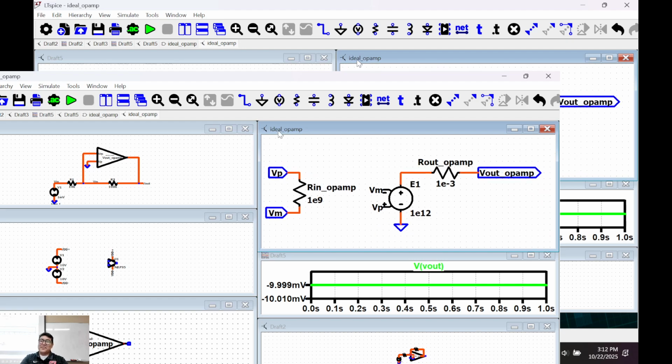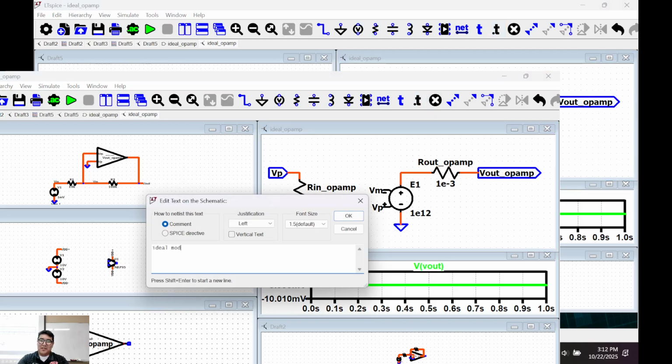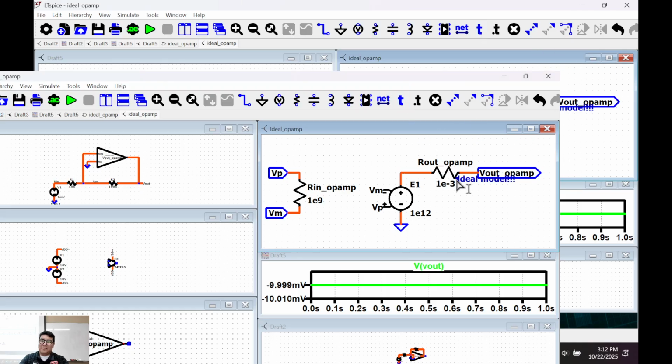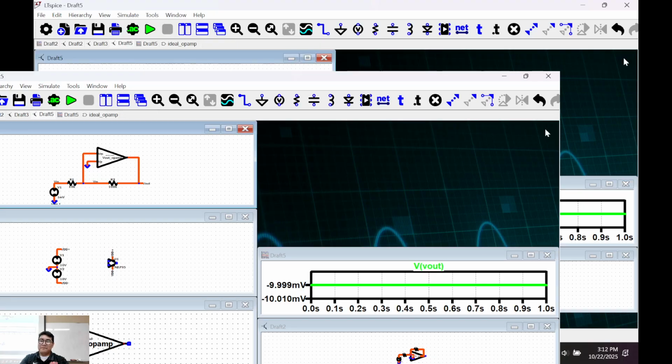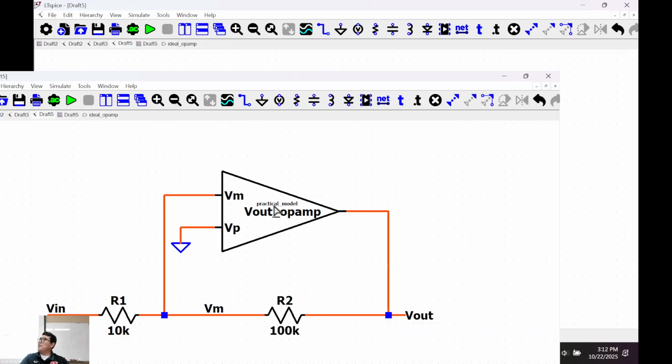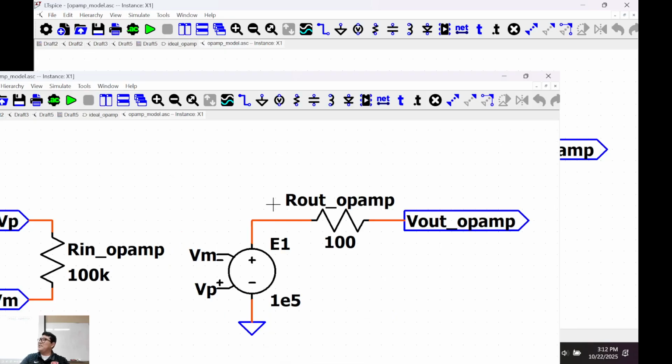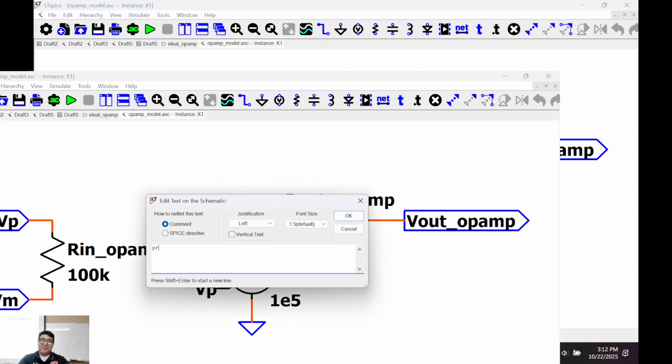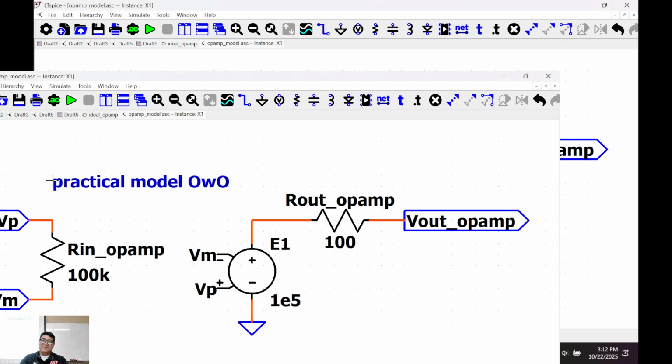This is our ideal op amp schematic. I'm going to add a text: ideal model. I'll just put this right there. And if I double click on this symbol, it should connect to the actual circuit. I'm going to put this one as practical model. There we go. Is that good with everybody?